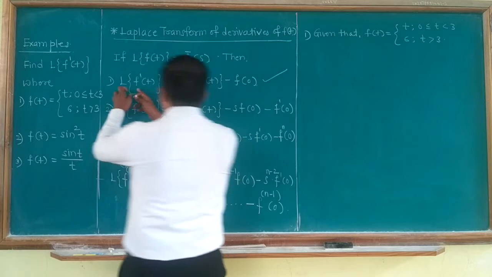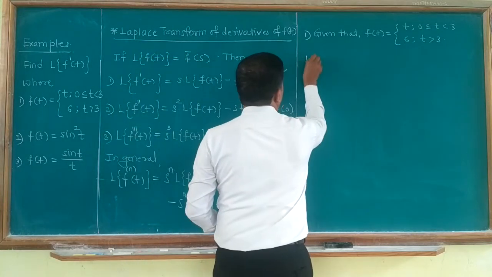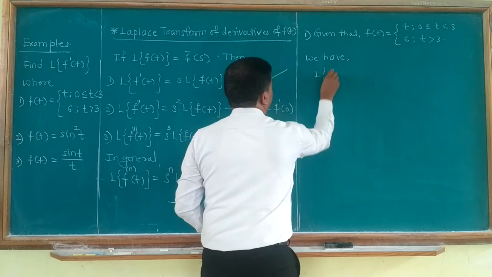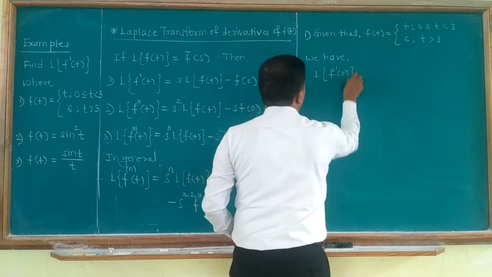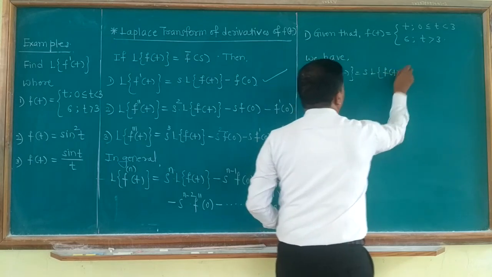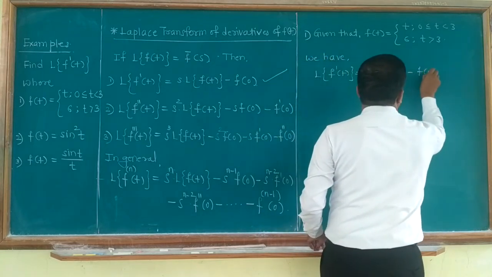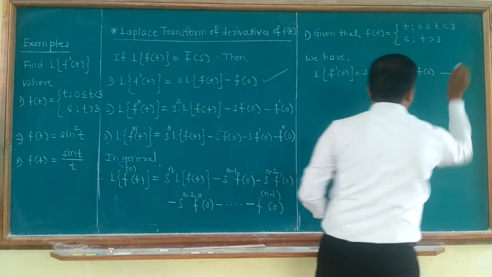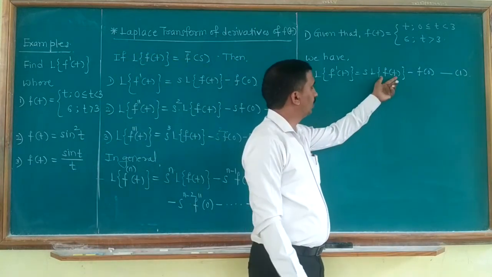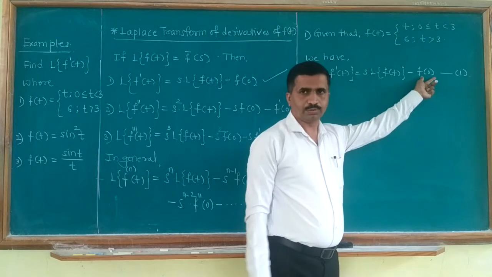Now we know this formula. So we have Laplace transformation of f dash t is equal to s into Laplace of f of t minus f of 0. This is equation number 1. Now our aim is to calculate the value of Laplace of f of t and f of 0.